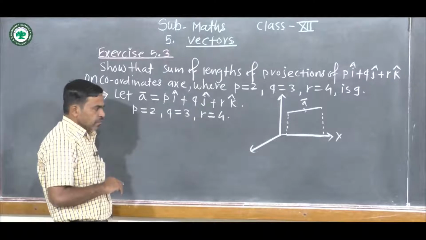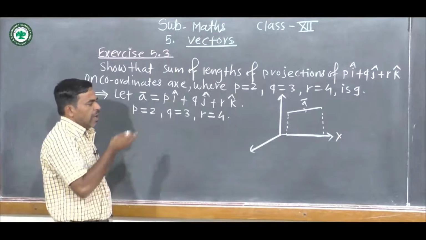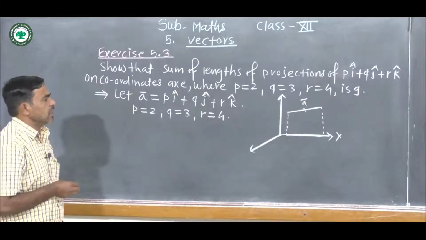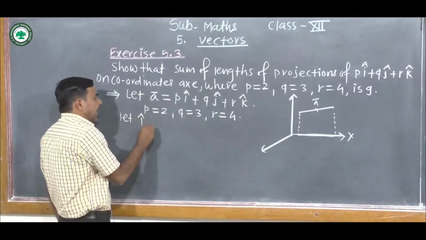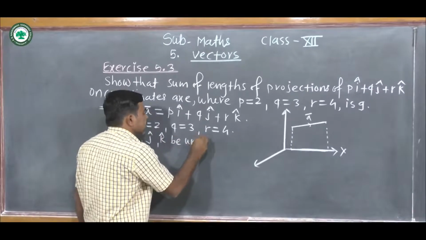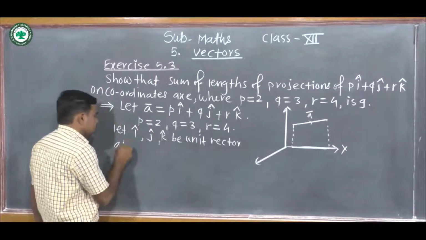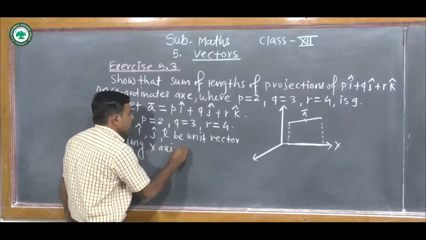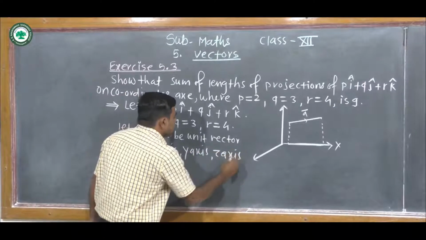We know that along x-axis there is a unit vector I cap, along y-axis there is a unit vector j cap, and along z-axis there is a unit vector k cap. So let I cap, j cap, k cap be unit vectors along x-axis, y-axis, z-axis respectively.